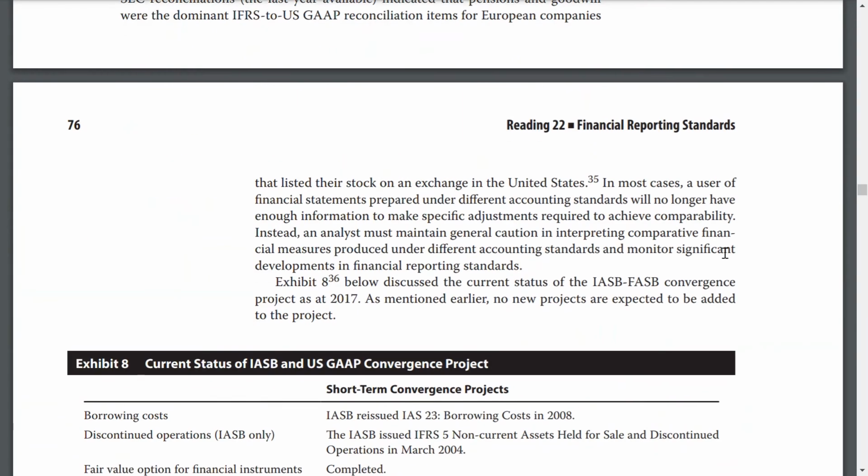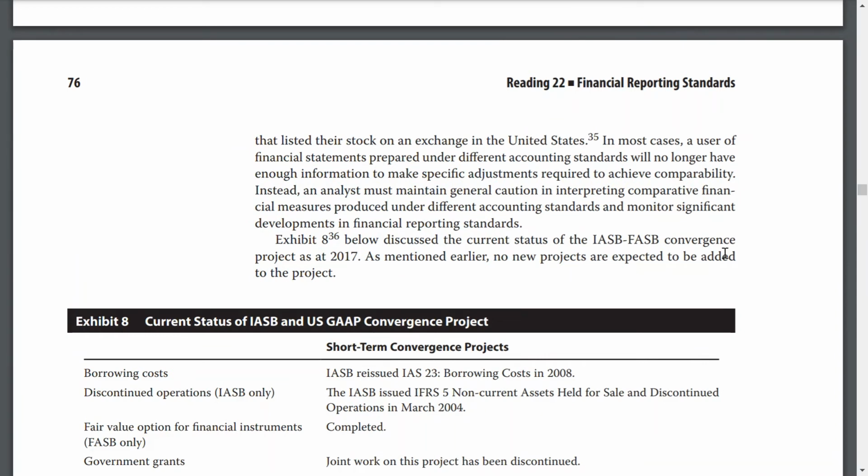In most cases, a user of financial statements prepared under different accounting standards will no longer have enough information to make specific adjustments required to achieve comparability.